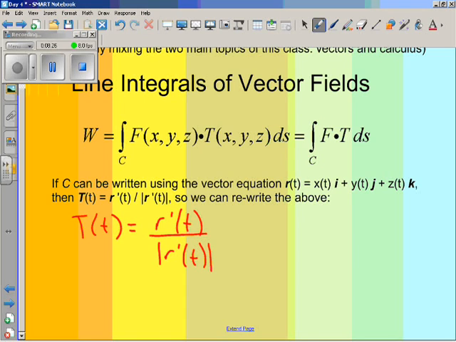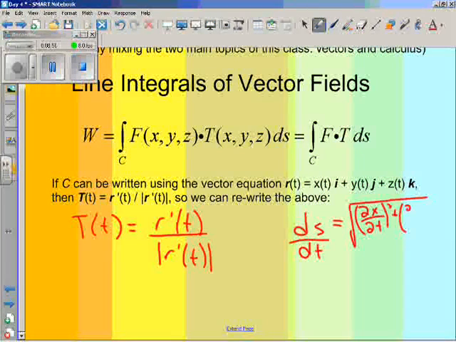And again, thinking back just a little bit to last week, we saw that ds, remember s is arc length, so we can think of the change in arc length as being the square root of (dx/dt) squared plus (dy/dt) squared plus (dz/dt) squared.